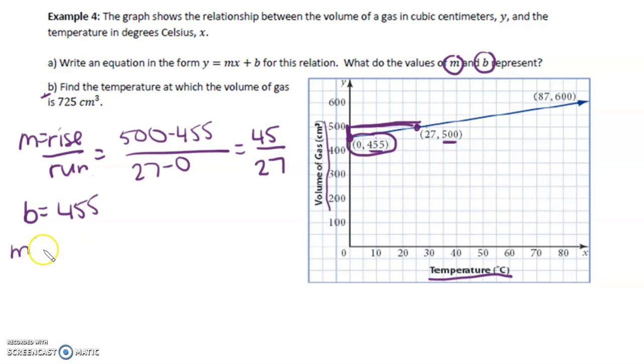So m represents, and what we do is we take the numerator and the denominator and we apply it to volume of gas.